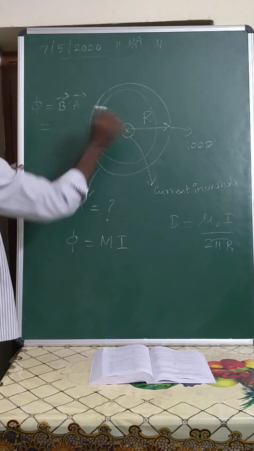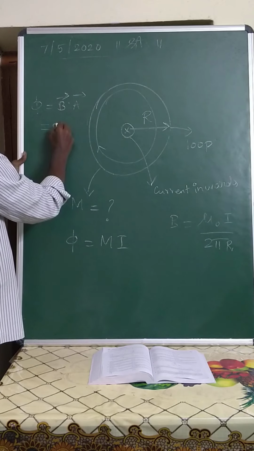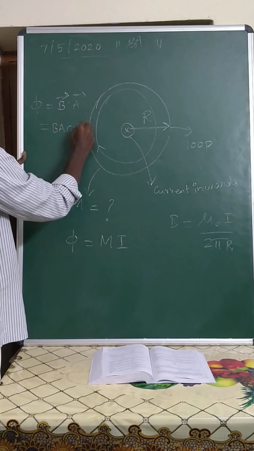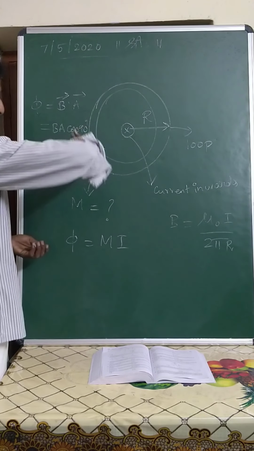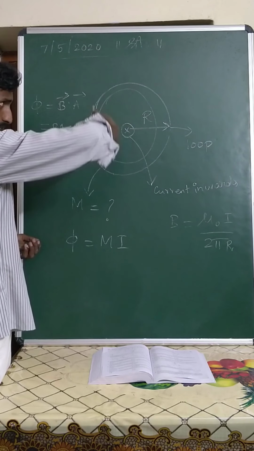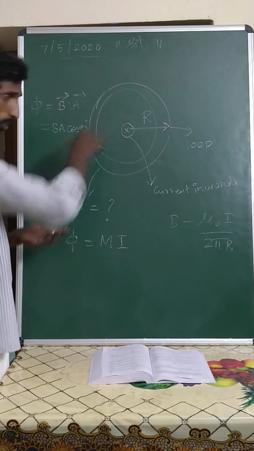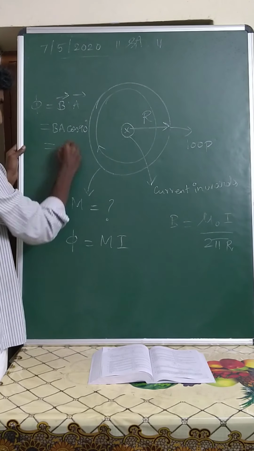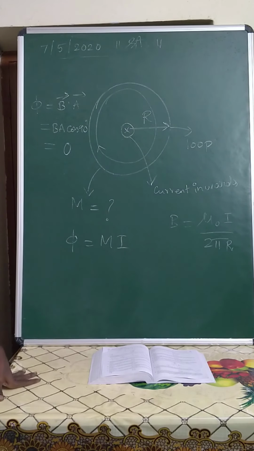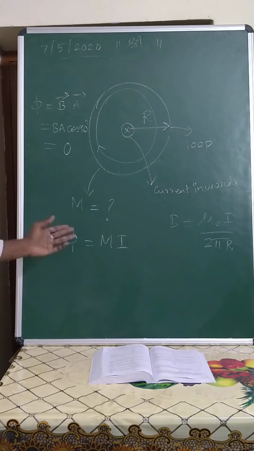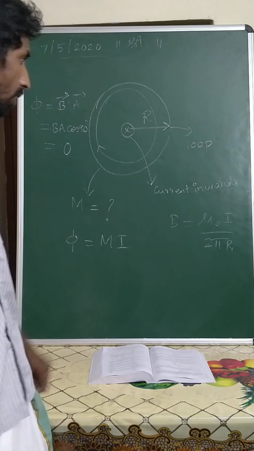The angle between the B vector and the A vector is 90 degrees. So the flux linking with the loop will be 0, and the mutual induction in the coil will be 0.